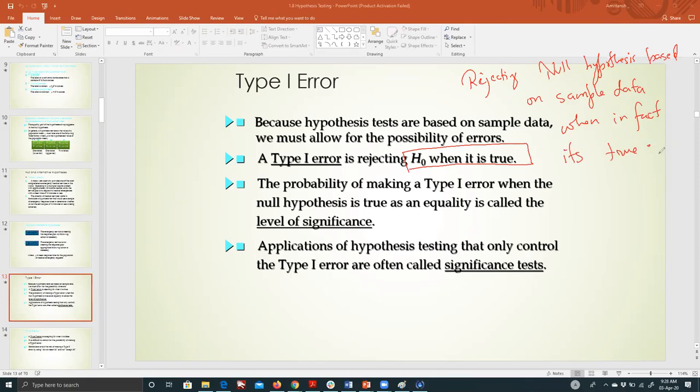Meaning if you would have taken the whole population, you would have found that the null hypothesis is true. But maybe now you might see the problem, that you can take a very small sample and you might be rejecting the null hypothesis. If you do this kind of mistake, this is called a type 1 error.